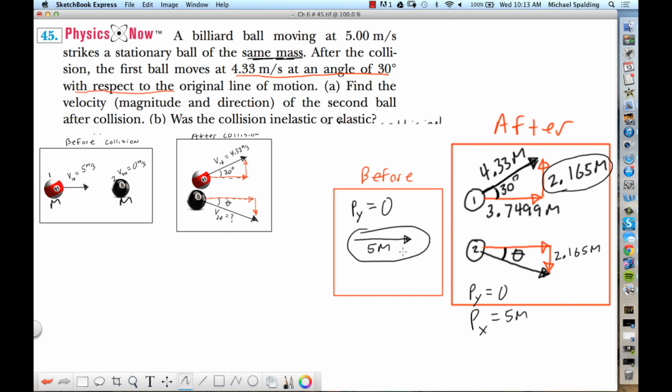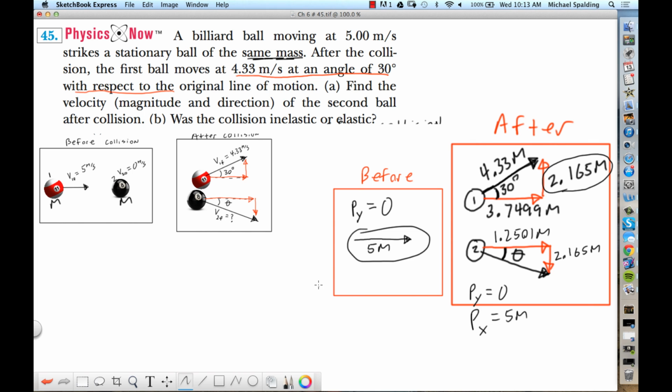The difference between 5 and that, which comes out to be 1.2501 m, right? So now we figured out the x momentum and the y momentum: the x momentum before the collision must equal the x momentum after the collision, and the y momentum before the collision must equal the y momentum after the collision.